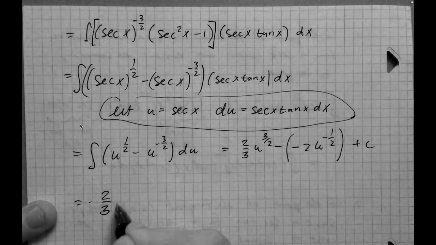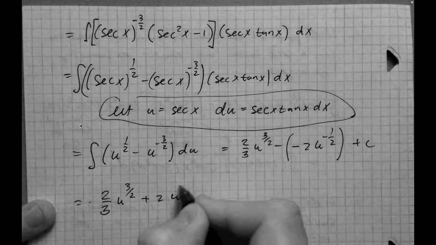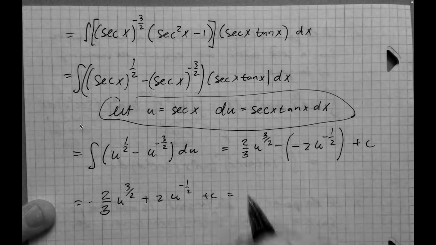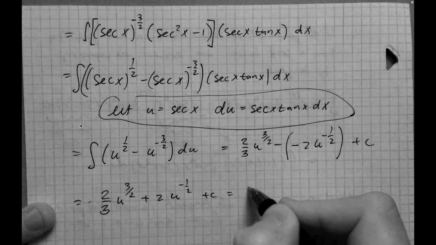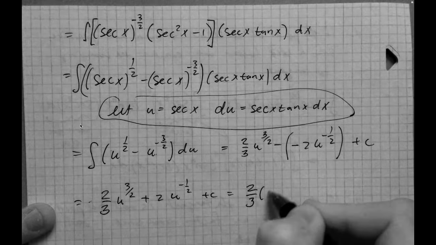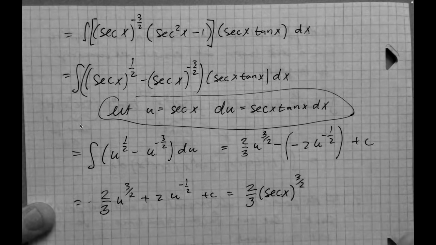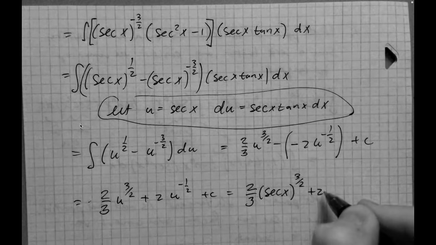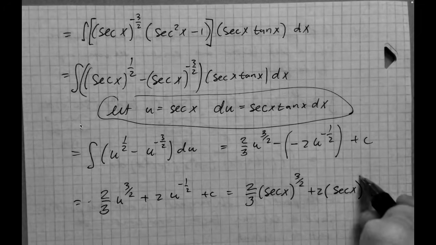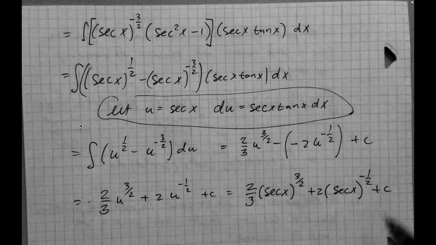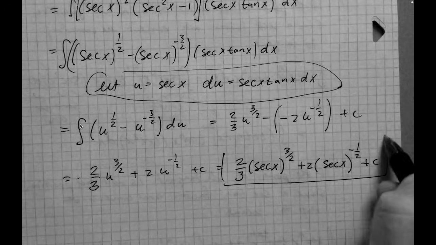So 2/3 u to the 3/2 plus 2u to the negative 1/2 plus c. And so let's toss back in secant. And what do we get? We get 2/3 secant of x to the 3/2 power plus 2 times secant of x to the negative 1/2 power plus c. Okay, so that integral is not too bad.